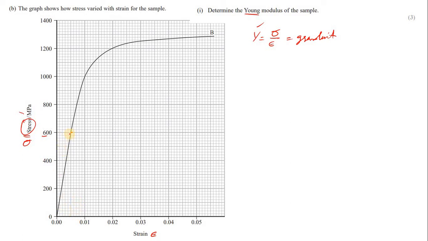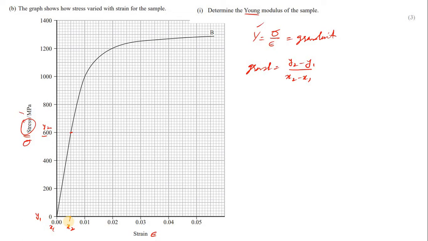If I choose this point, the gradient is y2 minus y1 divided by x2 minus x1. So this is y2 and this is y1, and the corresponding values are x2 and x1.